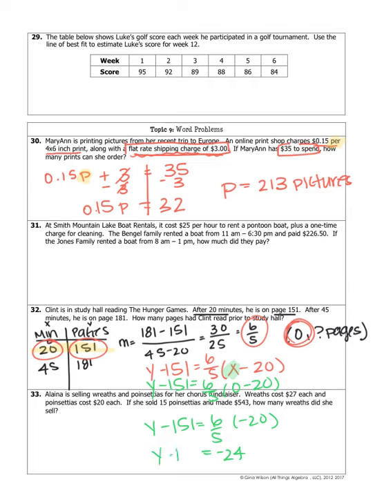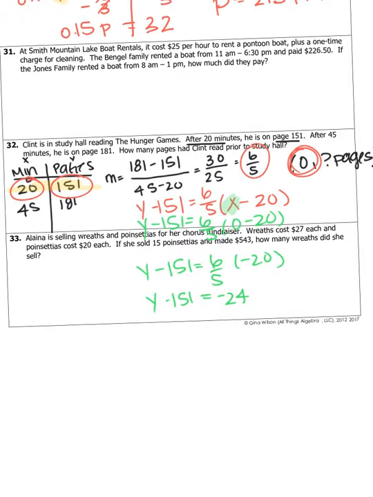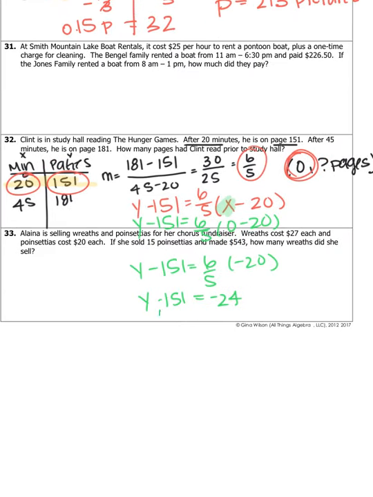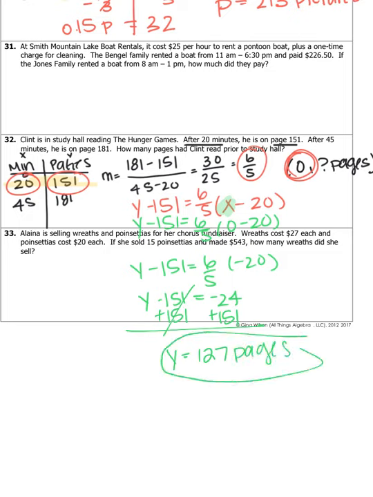So I'd have y minus 151 equals negative 24. To solve for y, I'd have to add 151 to both sides. So you'd be left with 151 and negative 24 makes 127. So he had read 127 pages before study hall started.